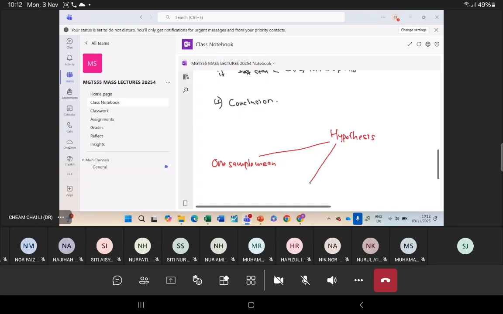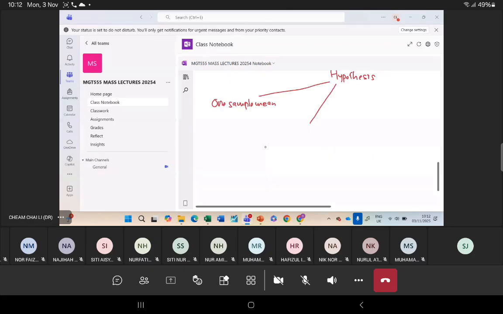Okay, the second type of hypothesis is the two sample mean. Yeah, this is what we want to look at today. So with two sample means, there are two groups for us to compare.